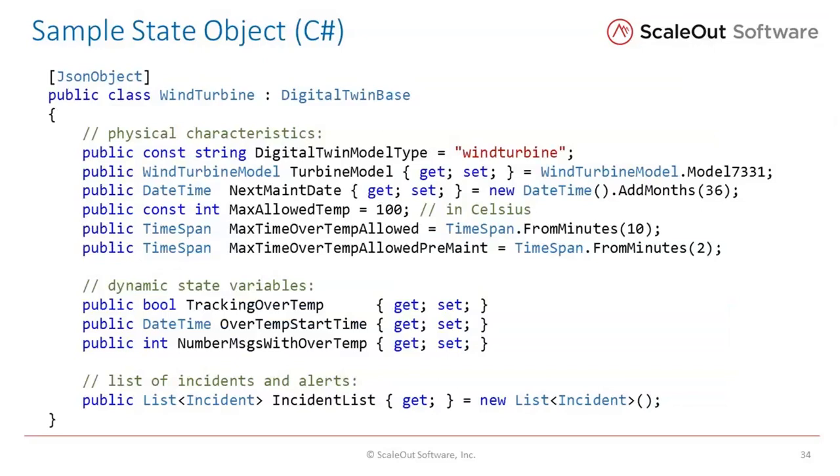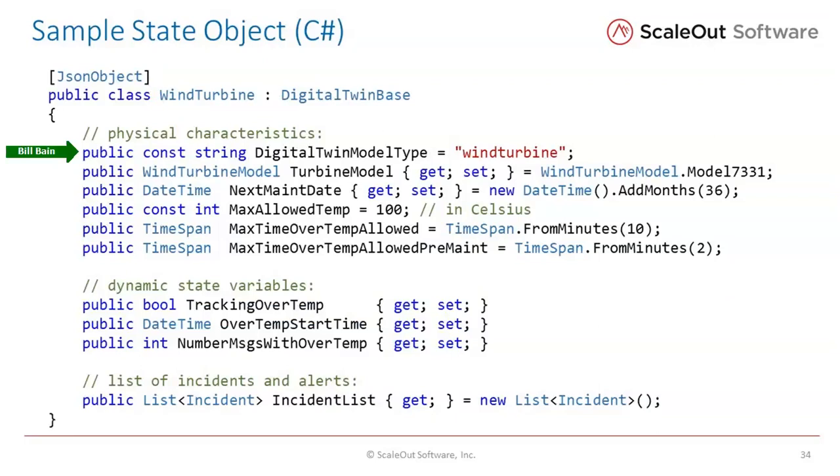So this would be how one defines the state object for a digital twin model, in this case of a wind turbine model. We define a base class, and users can implement that base class to construct a wind turbine state object, which has various properties associated with it.